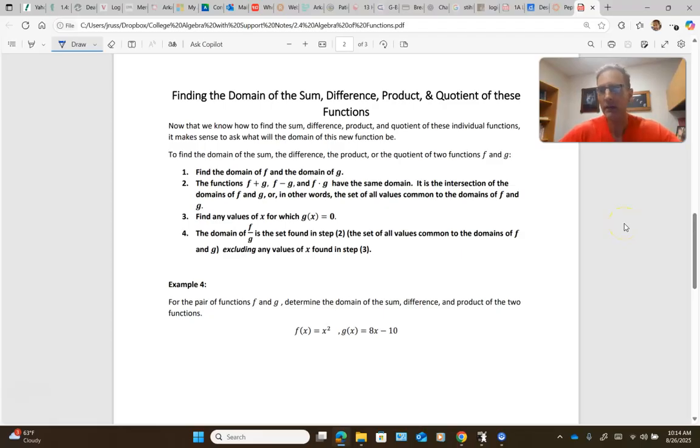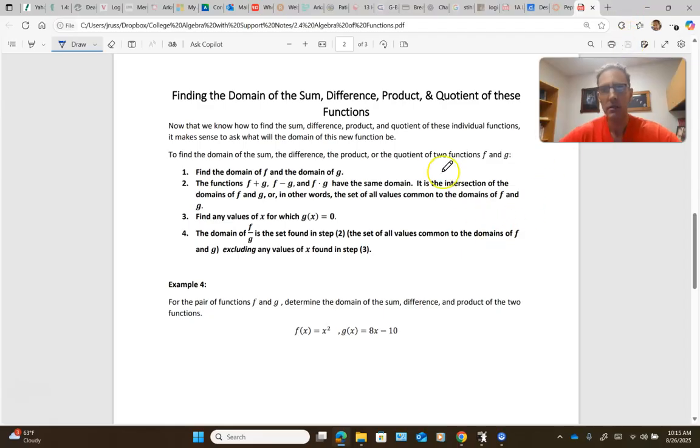Now if you remember that lemonade stand example, if we have a revenue function, a function that models or predicts the revenue, and we subtract from that function the cost function, then we get a new function, and it's the profit function. And it's a function of the number of cups of lemonade that we sell.